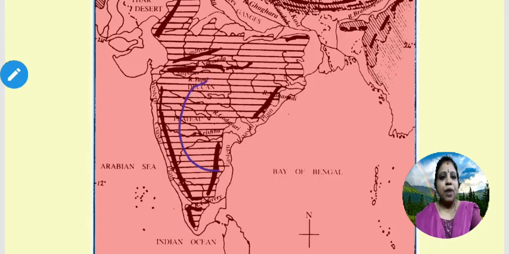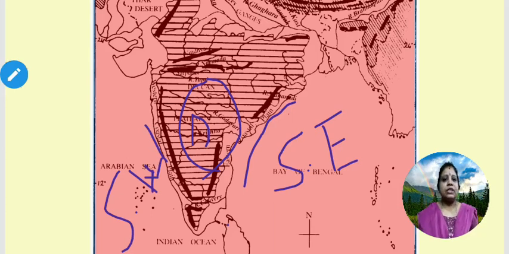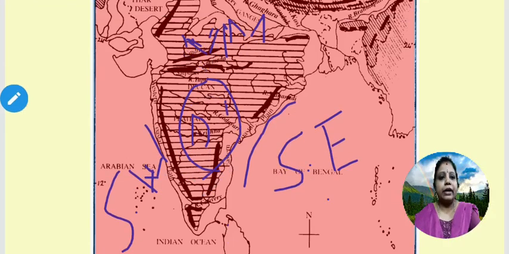This is the southern map of India and the Deccan Plateau is located here. This is the southeastern coastal plain, and the southwestern coastal plain. The river Narmada we find here, and the Malwa Plateau and Deccan Plateau are located here. These are the important physical features you have to know about this lesson.